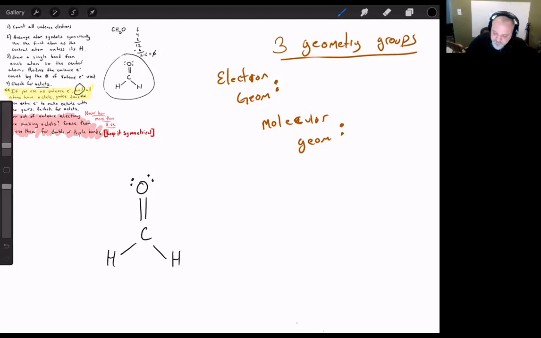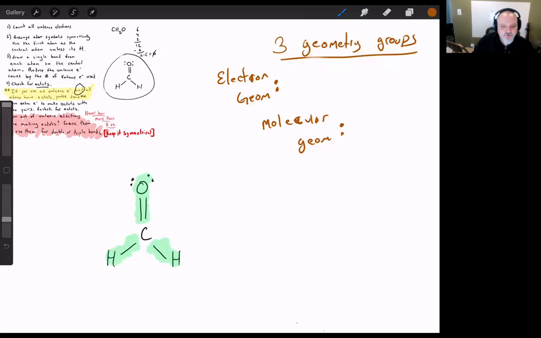How many geometry groups are there? Here's an important piece that students need to make sure you're on the same page with. A double bond or a triple bond only counts as 1 geometry group. Right. So this one only has 1, 2, 3.